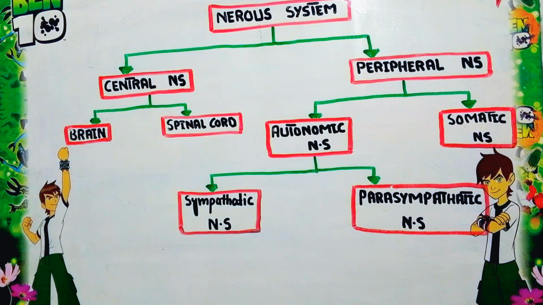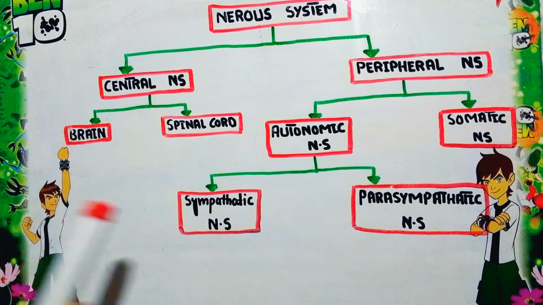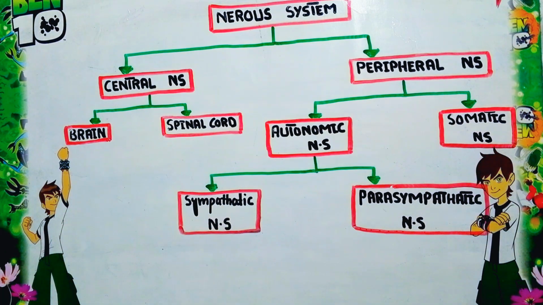Now this autonomic nervous system is further divided into two categories, based on the involuntary actions that occur in the rest state or in the fight or flight state. In this way, the autonomic nervous system is further divided into two types. The first is the sympathetic nervous system, while the second is the parasympathetic nervous system.